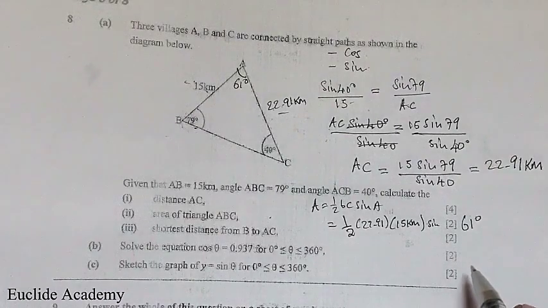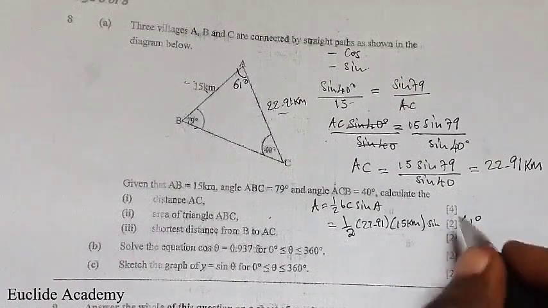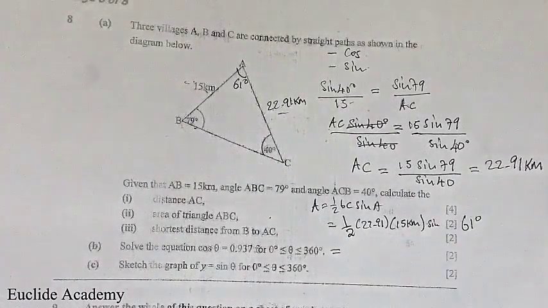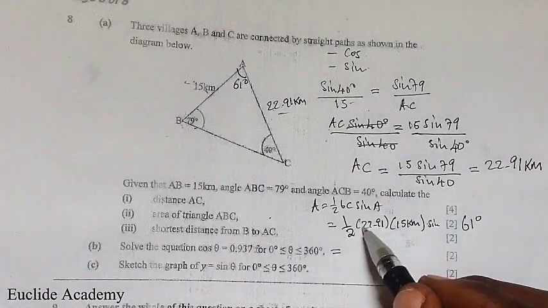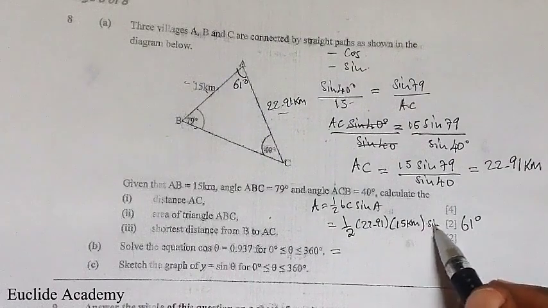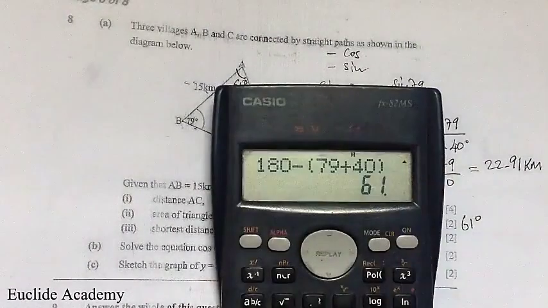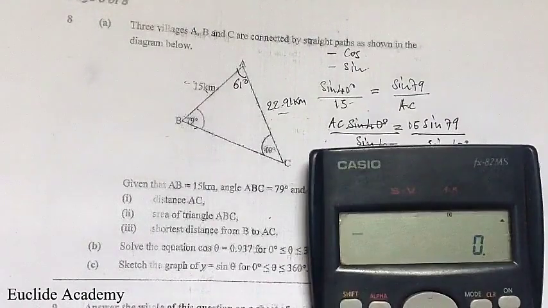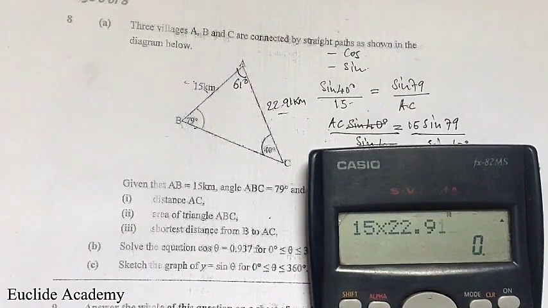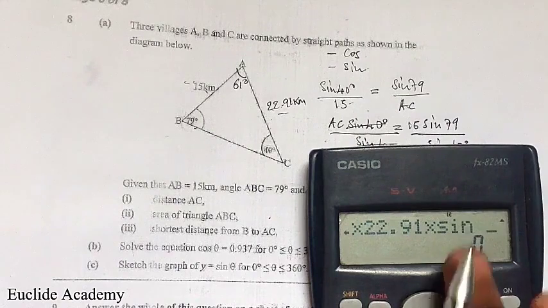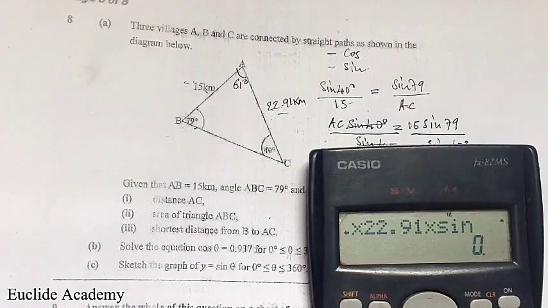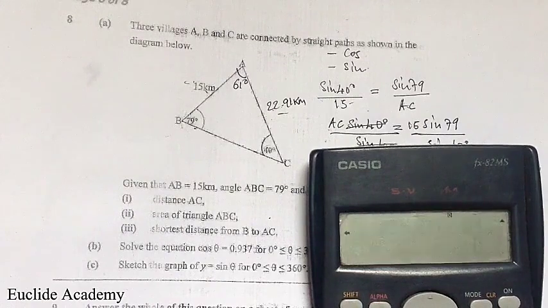Running out of space there. So first of all, I'll just multiply 22.91 times 15 times sine of 61 on my calculator. So I say 15 times 22.91 times sine of 61, and see what I get.